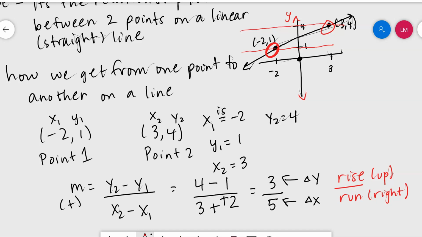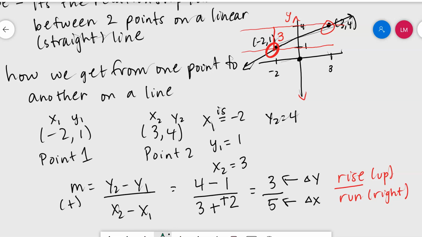So if I say, what's the change between 1 and 4? Well, it's 3, right? So basically from this point, I need to go up 3, okay, up 3.